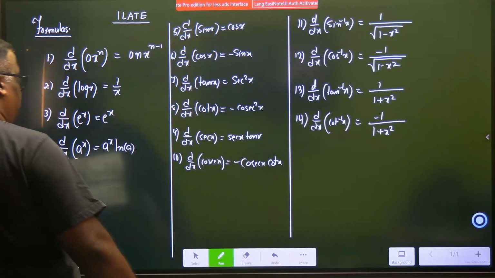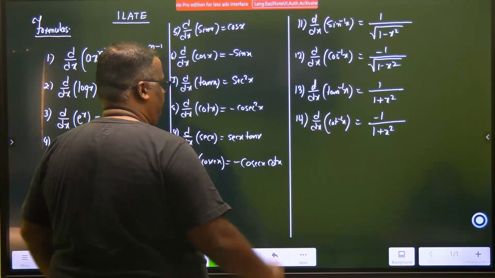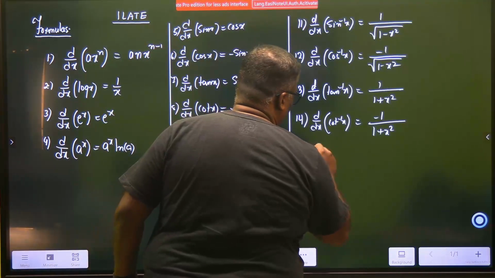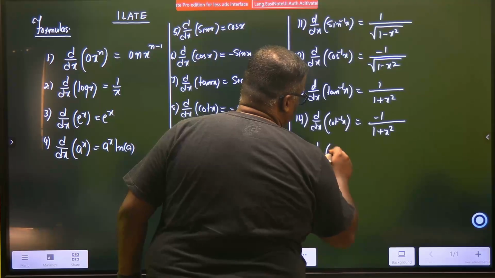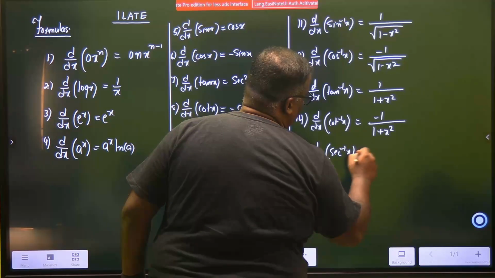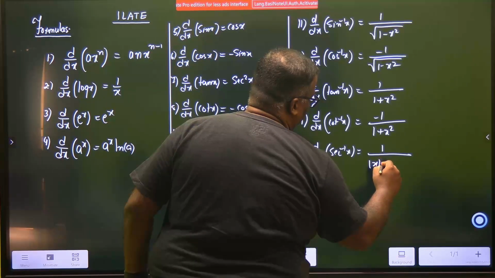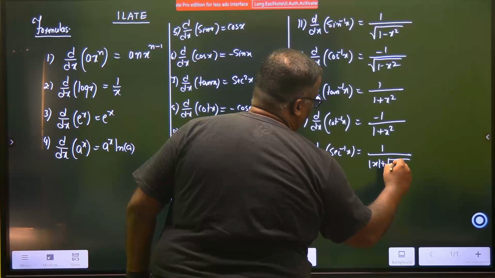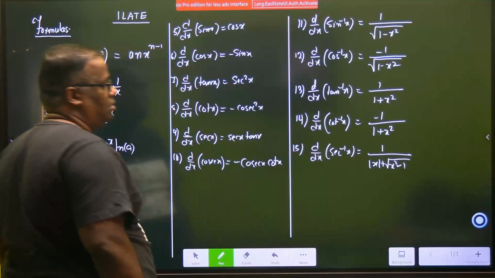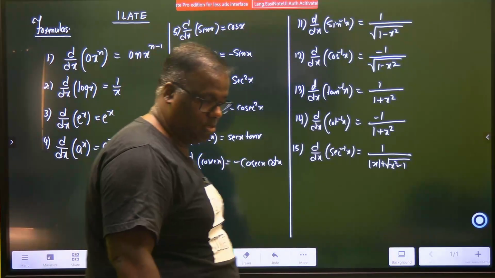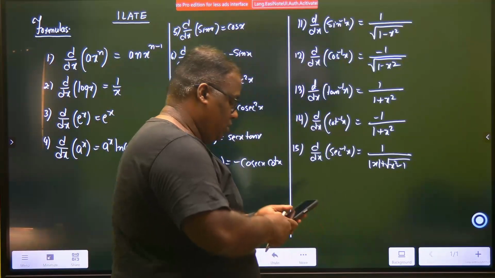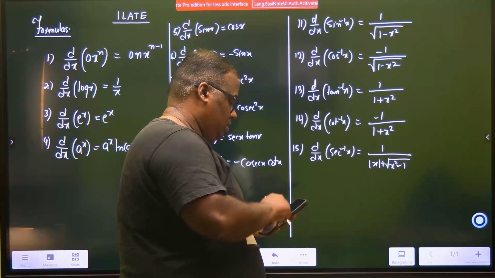Understood? Now come to 15. d/dx of sec inverse x is 1 by mod x root x square minus 1.